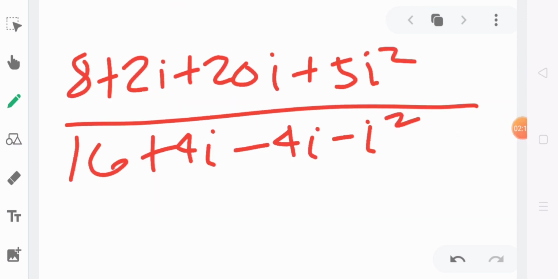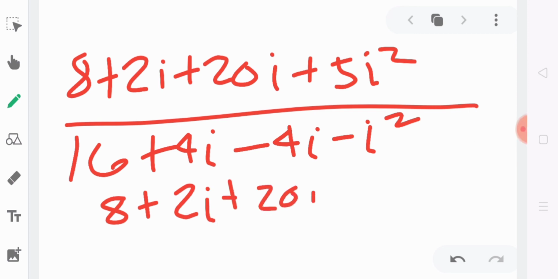So now let us separate real and imaginary parts. 8 plus 2i plus 20i plus 5i squared. i squared is equivalent to negative 1.